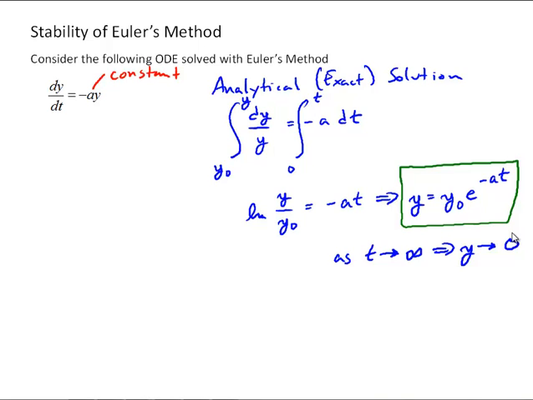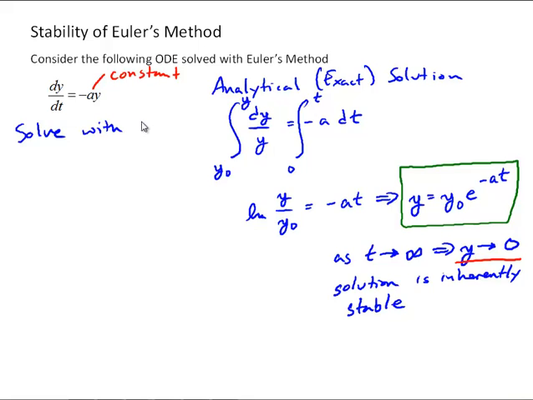So as far as the differential equation itself, a solution is inherently stable, since we would expect the errors to not grow in an unbounded fashion if the solution itself is heading towards 0. So let's look at what happens if we solve this with Euler's method.